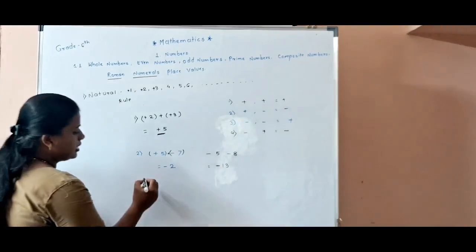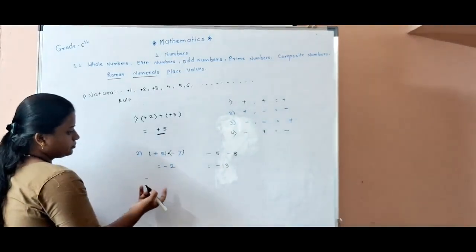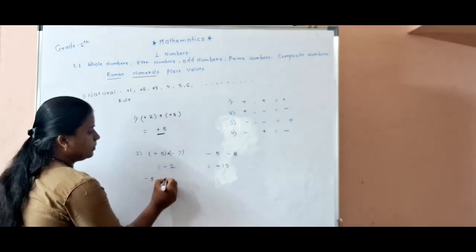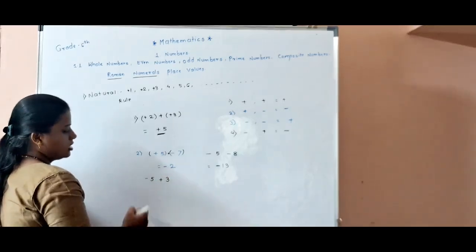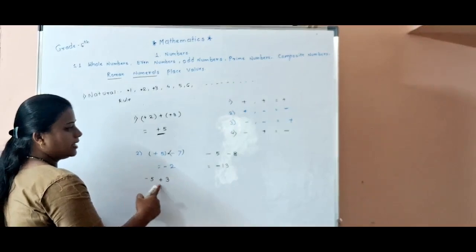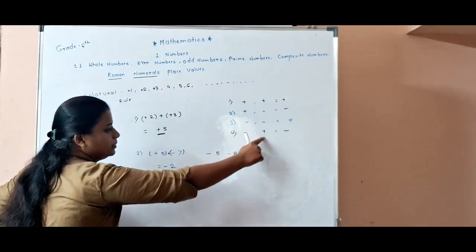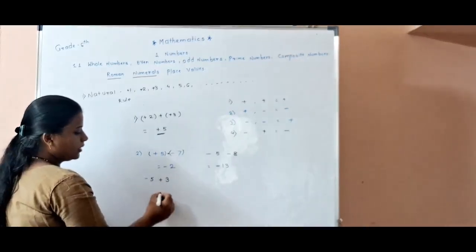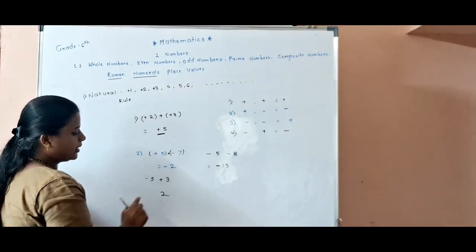We haven't seen. So minus, we can take 5, and here we can take plus 3. So minus plus is minus. 5 minus 3 will be 2. Give the sign of the bigger number.